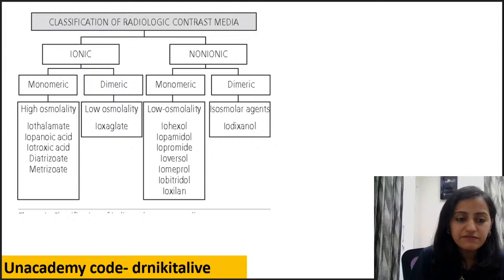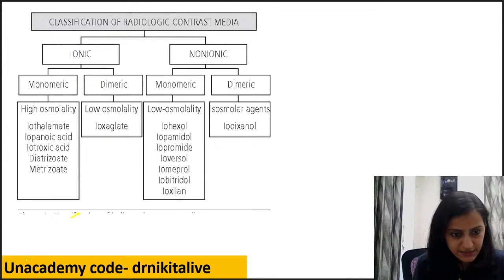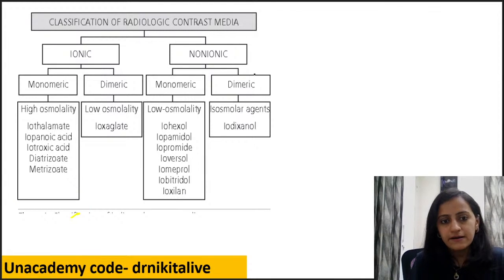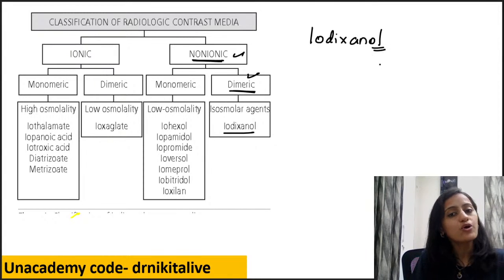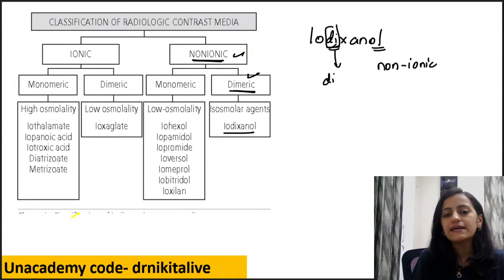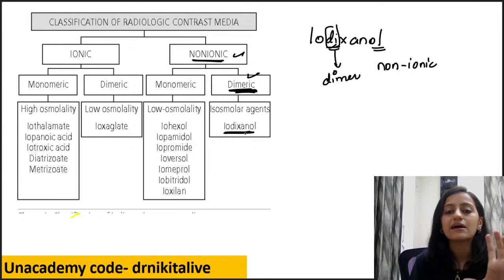The easiest to remember is the non-ionic dimer, which is asked very frequently: iodixanol. How do we remember iodixanol? It is OL, which means non-ionic. It has Di in its spelling, and Di means it's a dimer. So it's a non-ionic dimer. The example is one only, that is iodixanol.